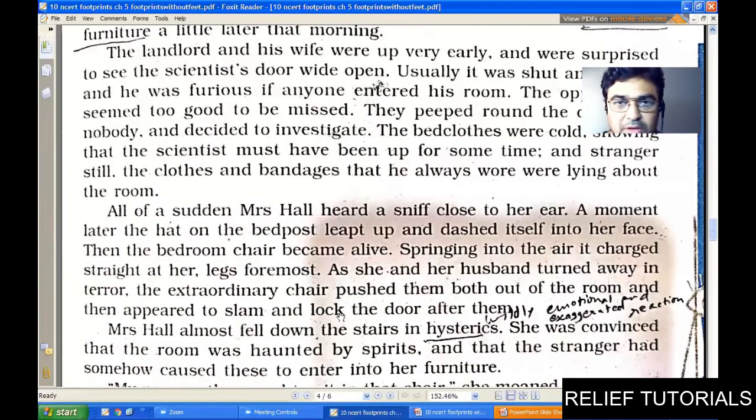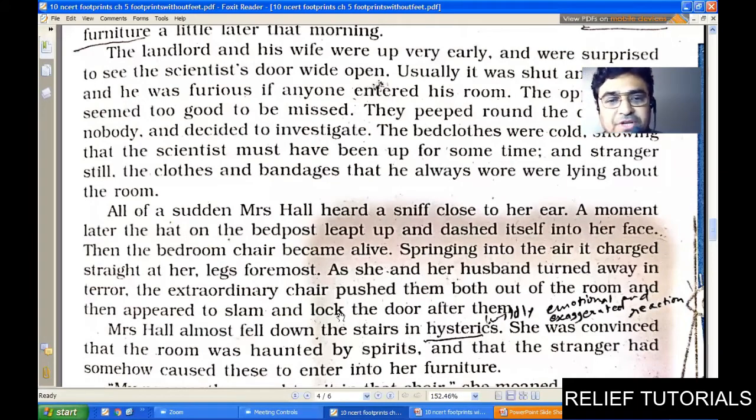Now you can understand, he must have gone to the clergyman's house and robbed the money from there, and now he was to pay this hotel. For that reason he had woken up early, and this is why his room was open and he might be somewhere inside the room.